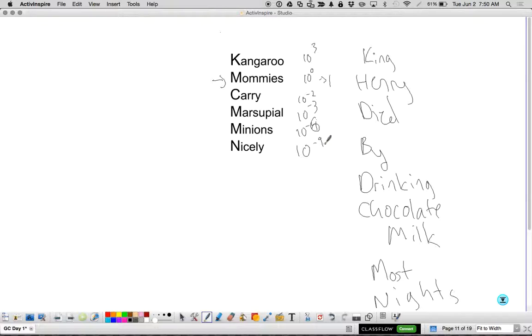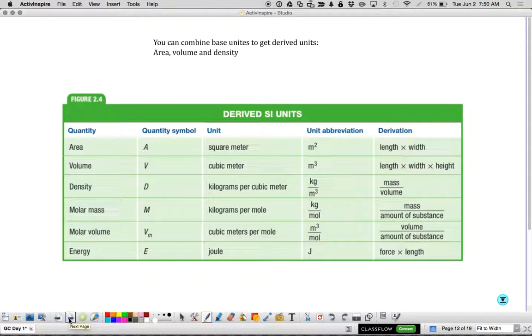All right, now one of the things that we can do with units, we have our base units, but we can also take those base units and combine them to get derived units. So examples of derived units are like area and volume and density, where area is like length times width, which means length has the base unit meters, and width has the base unit meters, which means a meter times a meter is a meter squared, or a square meter.